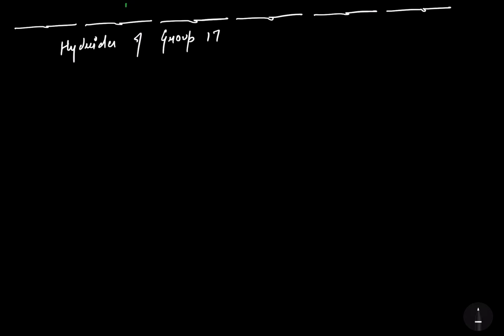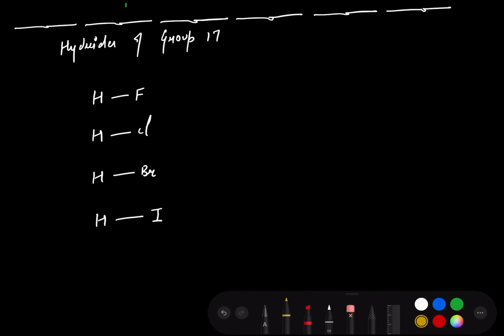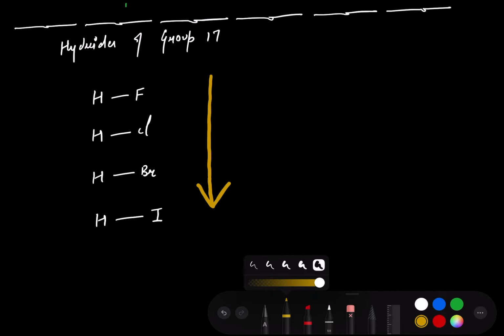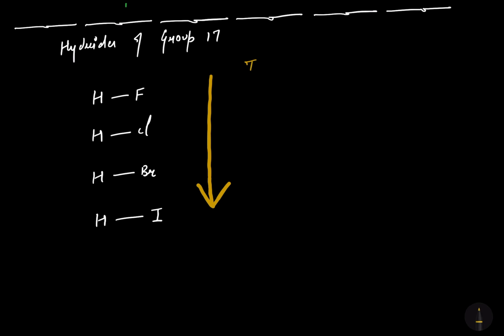And the hydrides will be hydrogen fluoride, hydrogen chloride, hydrogen bromide, and hydrogen iodide. Now, as we move down the group, what's gonna happen? As we move down the group, the electronegativity will decrease.